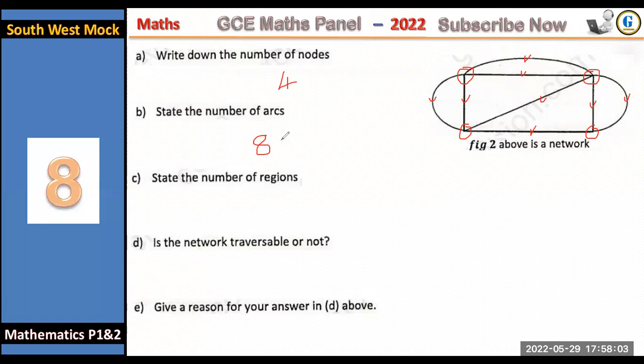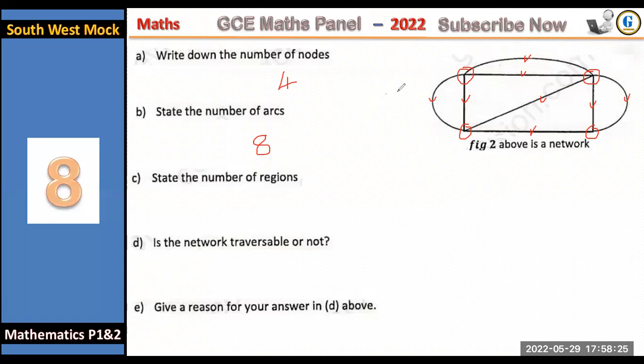And how many regions are there altogether? The regions. How many regions? 5 regions. Sir. You are falling into the trap. It's 5 plus 1. You have to count the region outside.